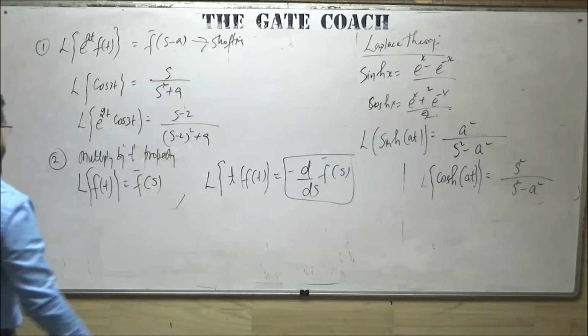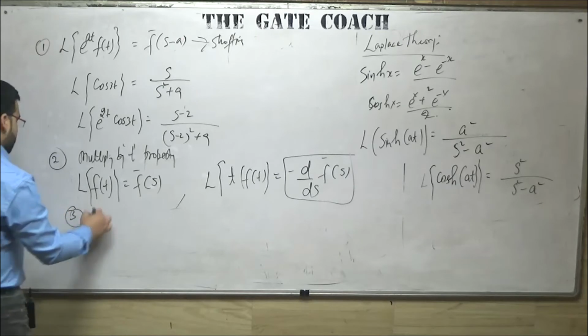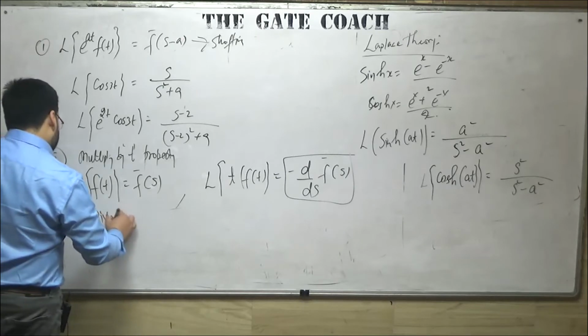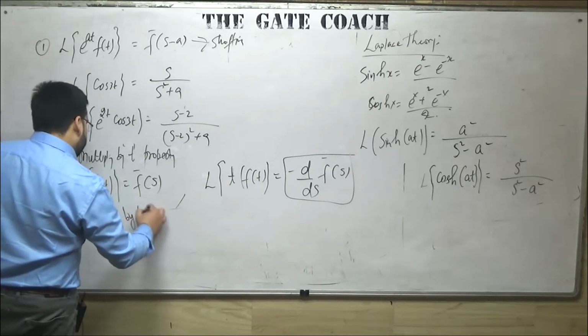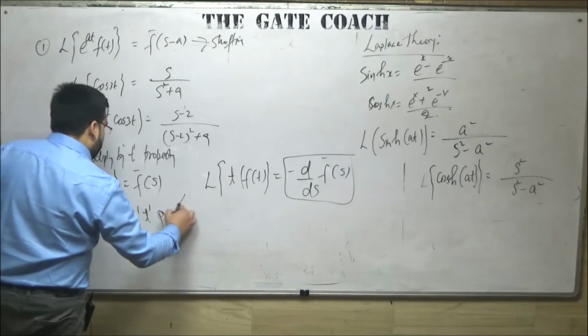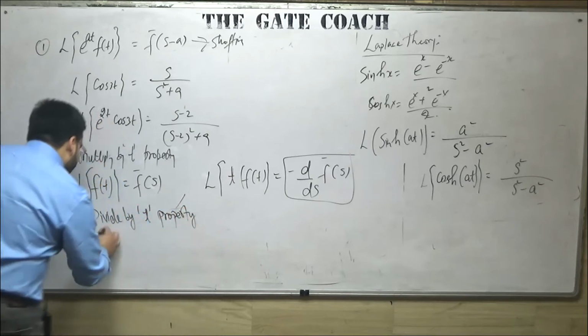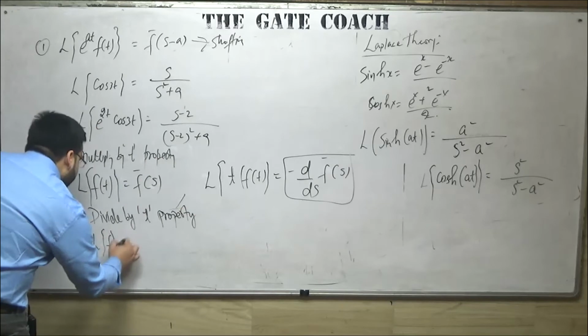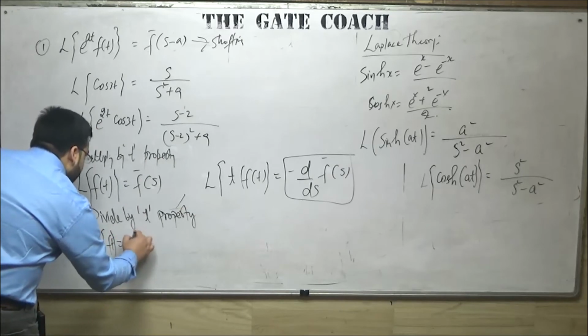After this we had the divide by t property. Let us say that you know the Laplace transform of f of t is equal to f bar s.